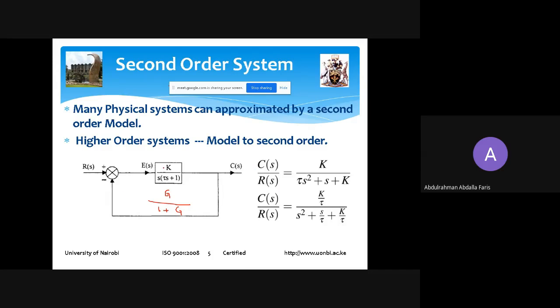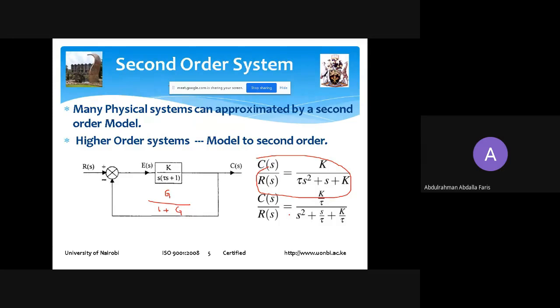Once you plug in and rearrange, you will end up with this equation as your overall transfer function. If we put it in standard form, we divide by tau up and down, so we end up with K over tau, over s squared plus s over tau plus K over tau.